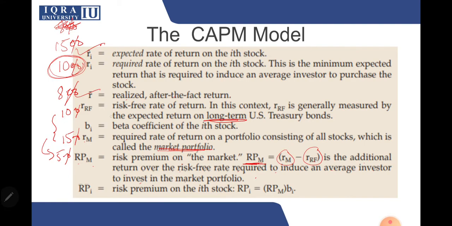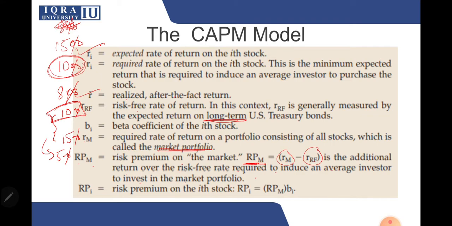Now if a person is investing in government bonds, so these are the safest type of security, and he is getting a 10% return from there, then in order for that person to enter the stock market, it has got to offer a higher return.